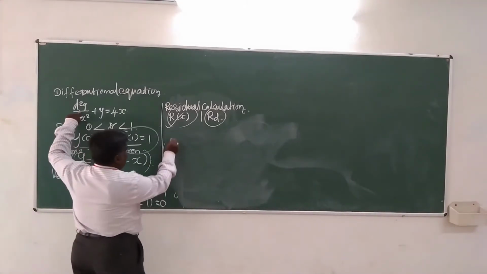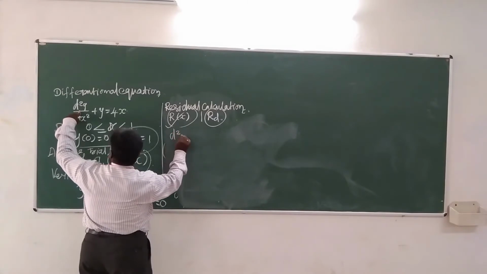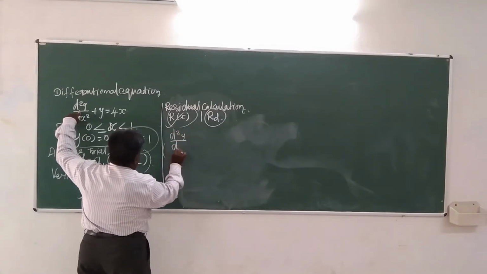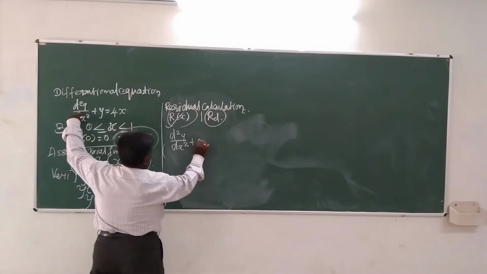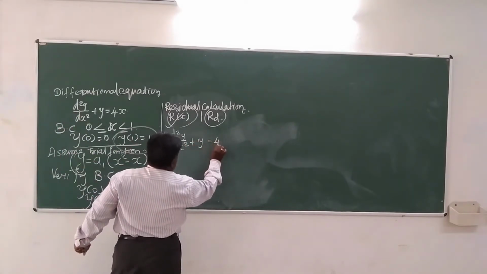The given differential equation is d square y divided by dx square plus y equal to 4x.